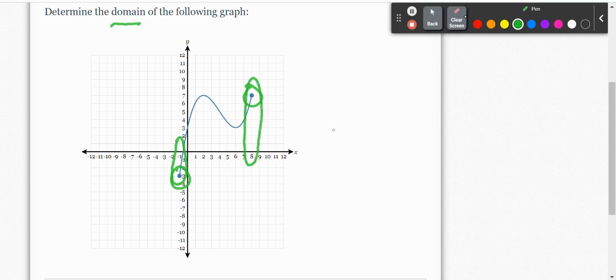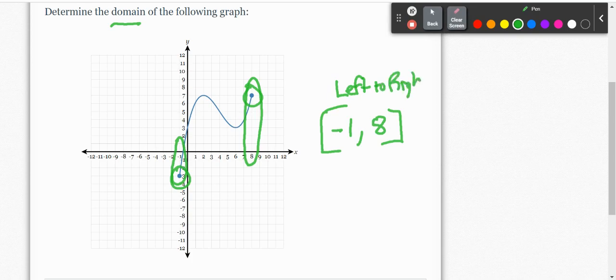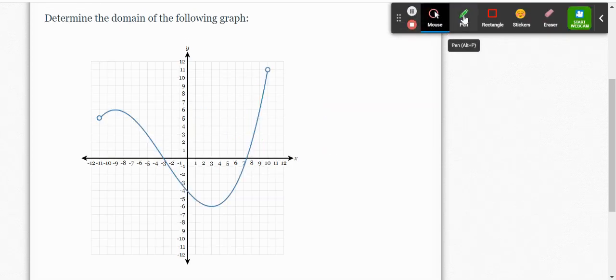And so we write -1, comma 8, bracket both of them because they are both included dots. Very simple one here. So again, just how far left to right. And the "to" turns into a comma. This is the leftmost value. That's the rightmost value.